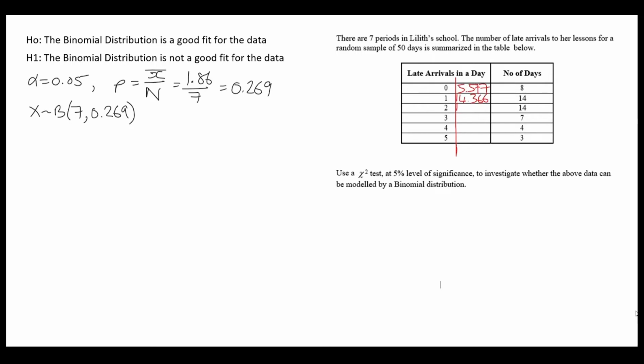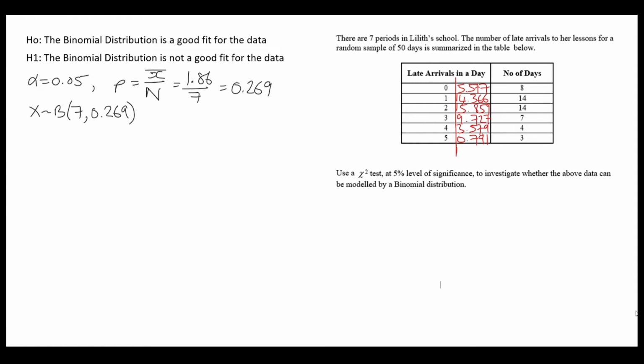And we'll just follow this through for each of them, and we get all of the expected frequencies. By the time I get down to 5, I want to be careful not to assume that this is where the expected values are going to end. For these 50 days, there weren't any days where Lilith was late to 6 periods or to 7 periods, but there is still some probability associated with those outcomes.